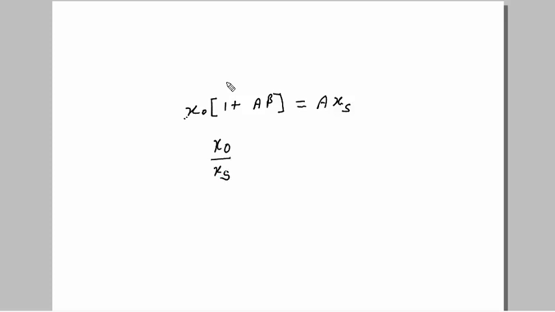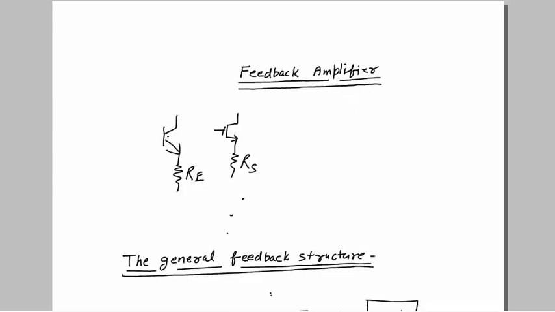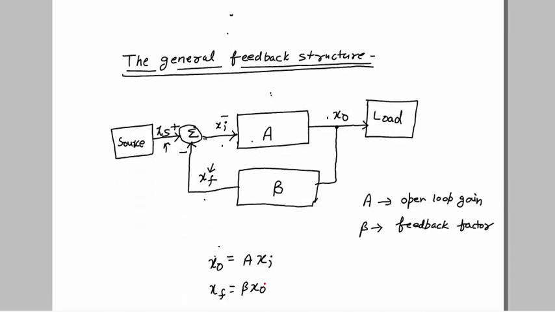Now see clearly here, what is x naught by xs using this block diagram. This is x naught, the output, and this is xs, the source input. x naught by xi is the gain of the amplifier, but x naught by xs will be the gain of the entire feedback amplifier.